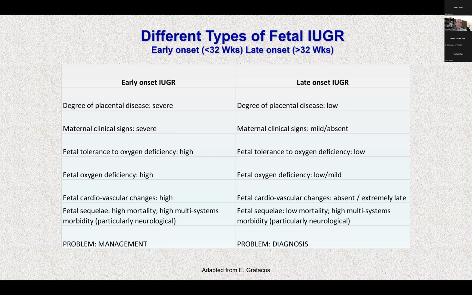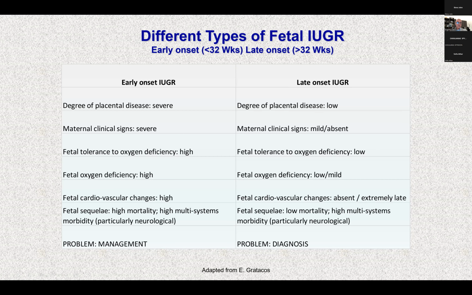The fetal oxygen deficiency is high in the early onset, may be low or mild in the late onset, but may produce also in the late onset some fetal sequelae. The fetal cardiovascular changes are very high and evident in the early onset, and are absent or late in the late onset. So this situation is more challenging for the diagnosis than the early onset. But the sequelae you can see are the same.